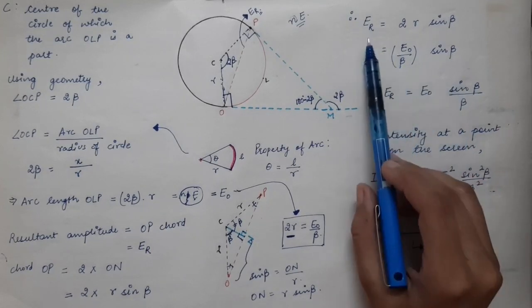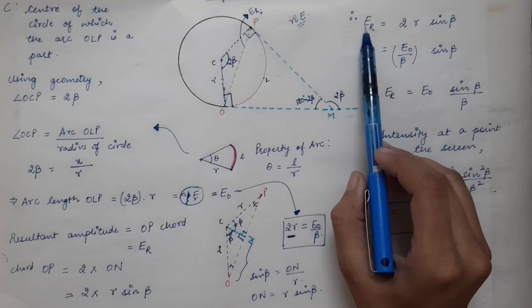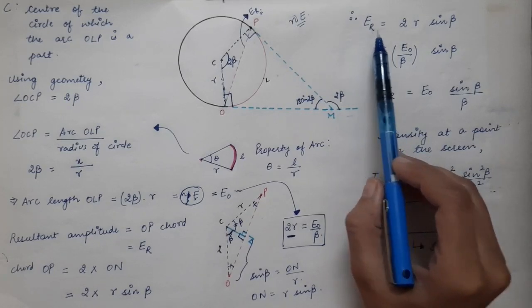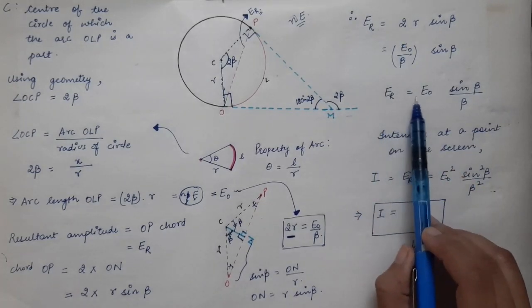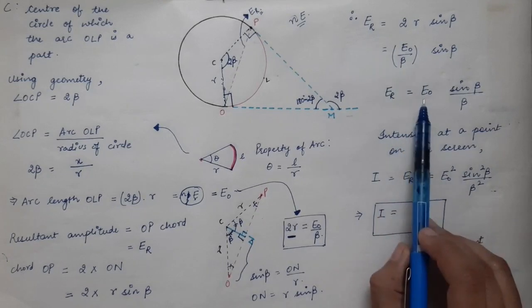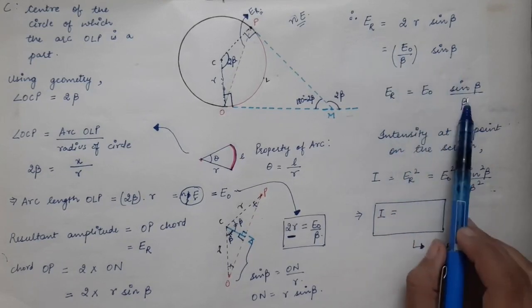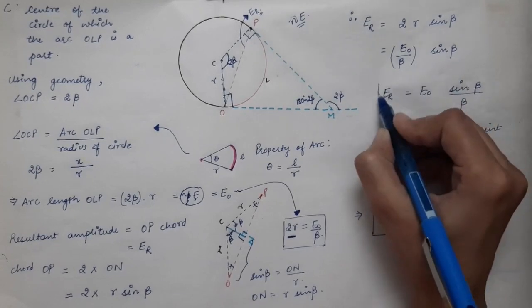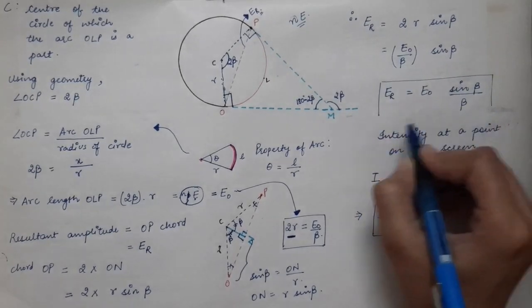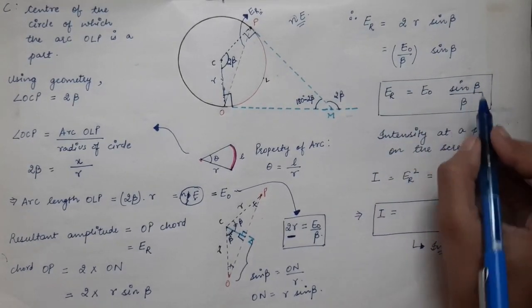So from here you will find ER, which is the amplitude of the resultant wave. So ER will come out to be equal to E0 into sine beta divided by beta. So this is the formula for the amplitude of the resultant wave in terms of beta.